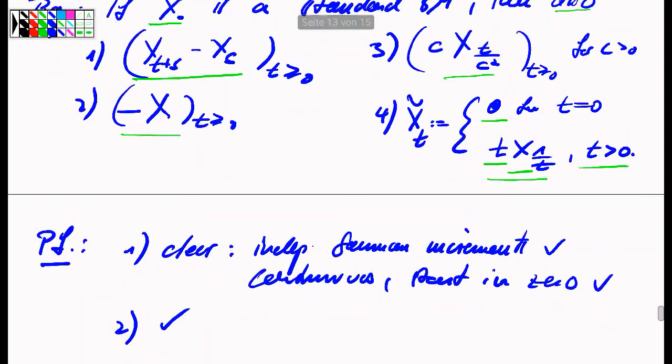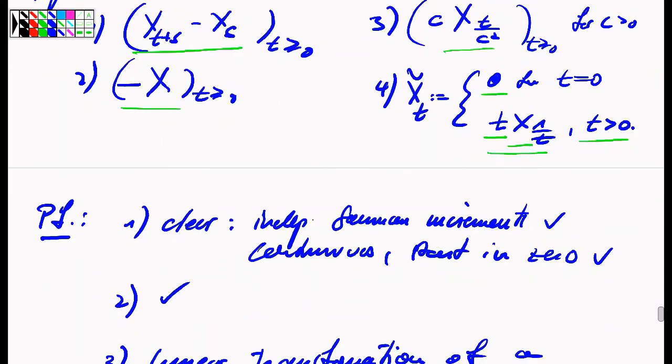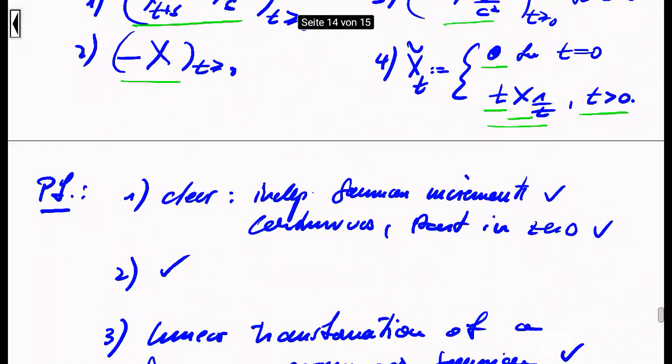Okay. Property number 2 is very clear. It's just the property that the negative of a Brownian motion, or the negative of a Gaussian random variable, is again Gaussian with the same statistics.